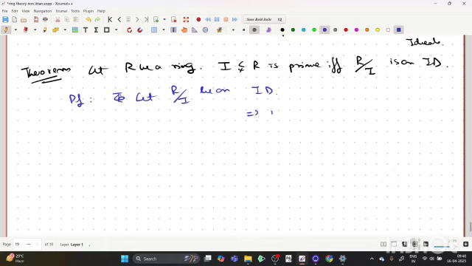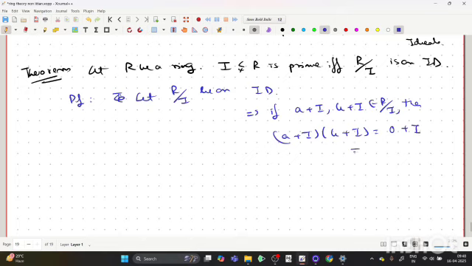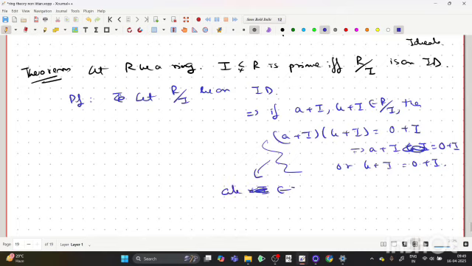This implies that if a + I and b + I are in R mod I, then if their product is 0, where 0 in the quotient is 0 + I, that should imply that either a + I equals 0 + I, or b + I equals 0 + I. But then this set of statements actually means that if ab is in I, this should imply a is in I or b is in I, which implies that I is a prime ideal, right? Because (a + I)(b + I) is ab + I, and ab + I equal to I means ab is in I, but that should imply a is in I or b is in I.